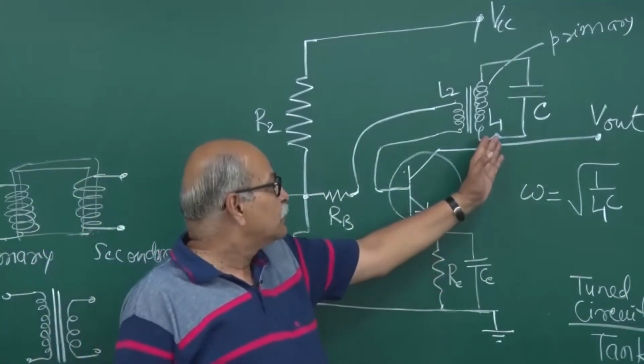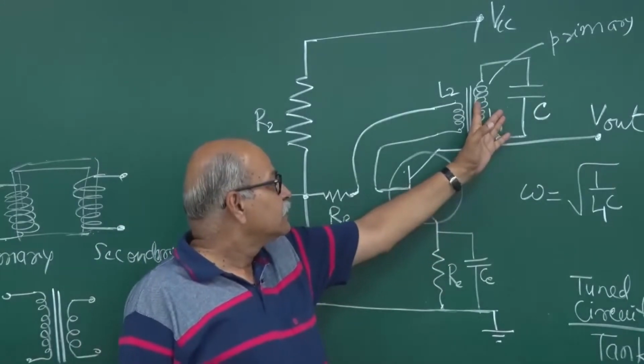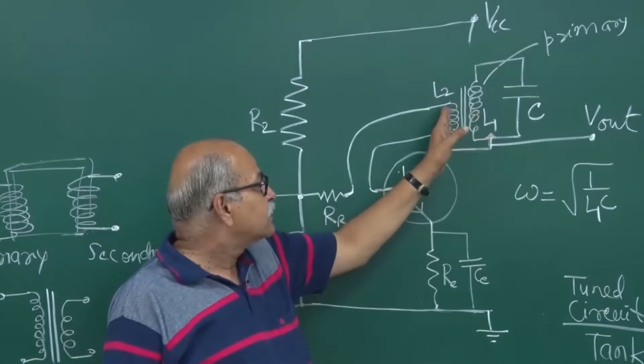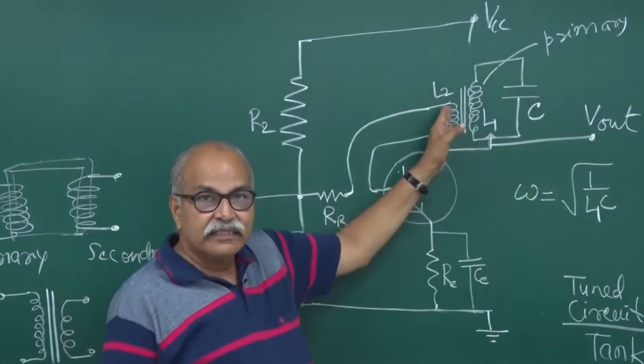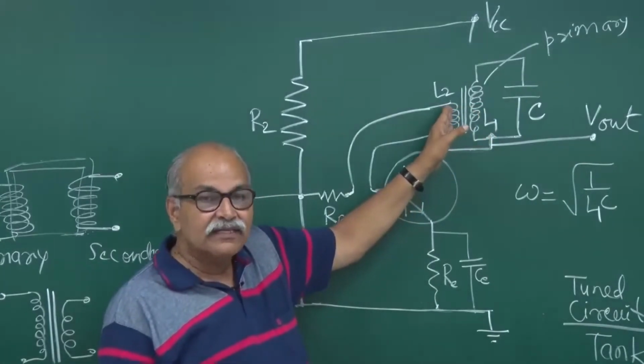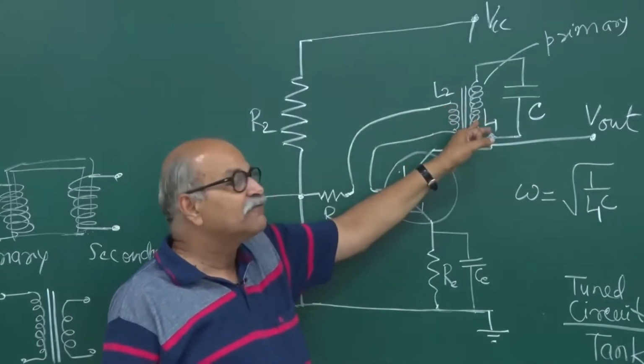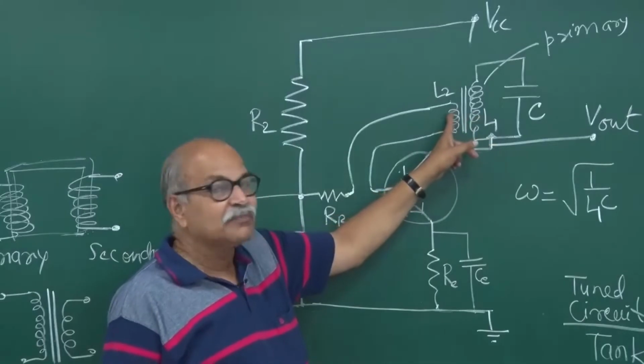So whatever the oscillations are here, when this transformer's primary and secondary coupling is made, the direction of winding ensures that there is a 180 degrees phase change between this part and this part.